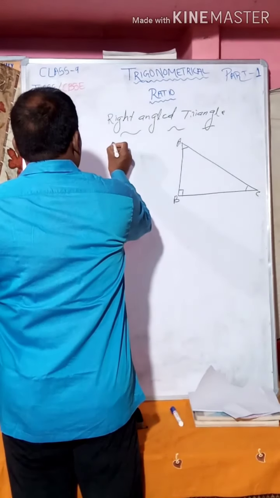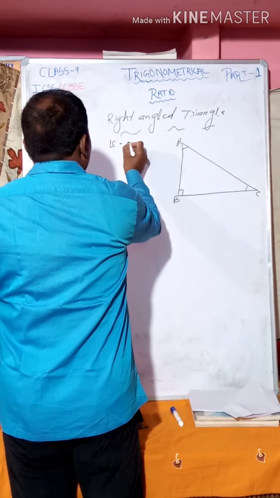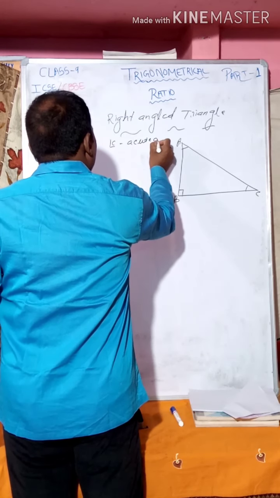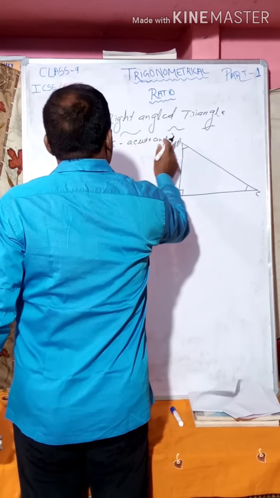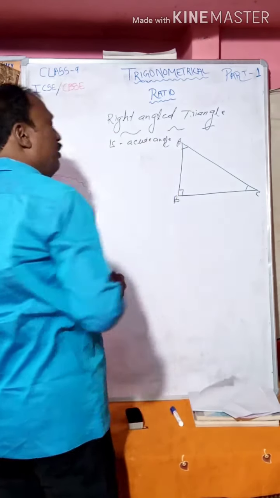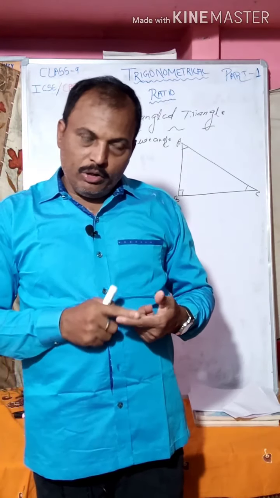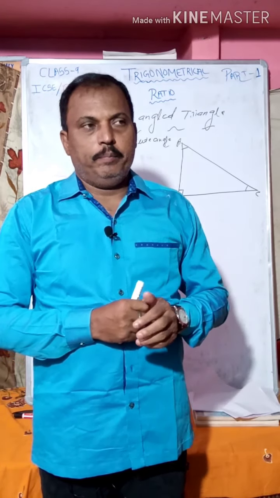So take an acute angle C. I already said what an acute angle is. An angle greater than 0 degrees and less than 90 degrees is an acute angle.